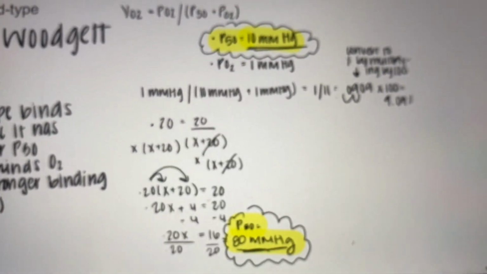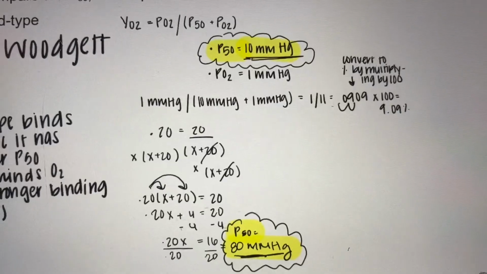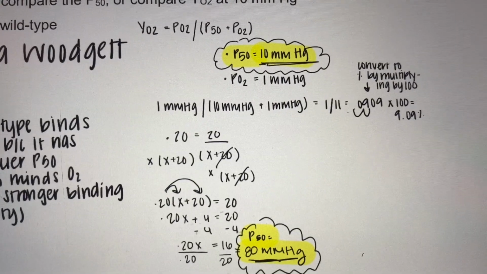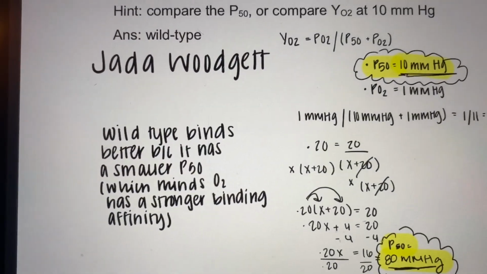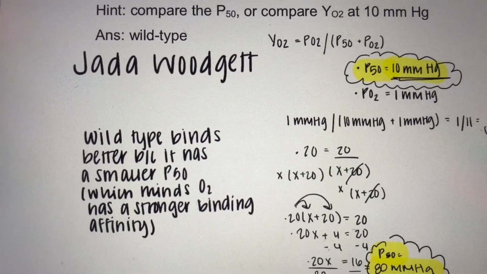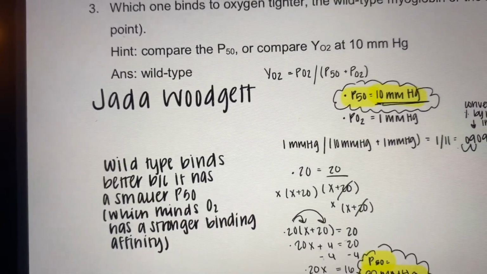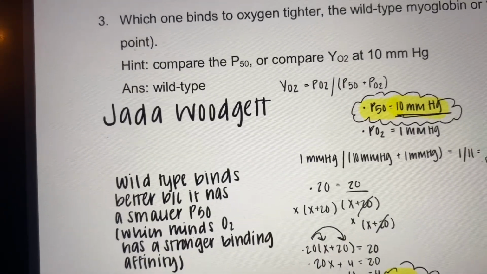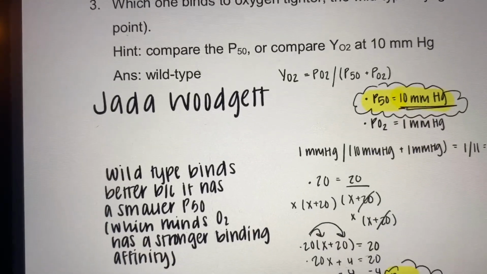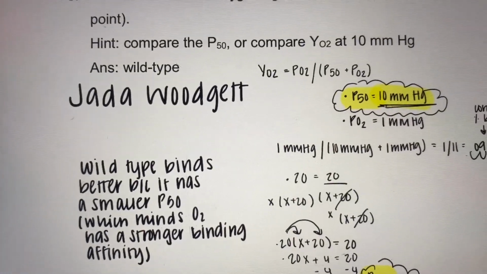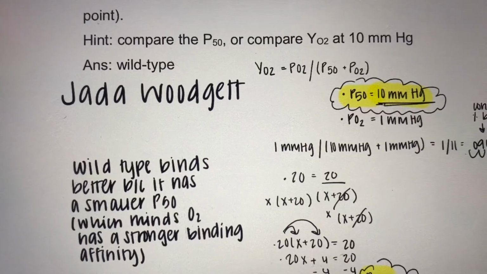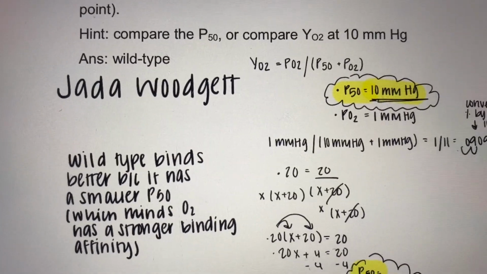And so since 10 millimeters mercury is less than 80 millimeters mercury, that means that the wild type binds better than the mutant myoglobin because it has a smaller P50. And having a smaller P50 means that oxygen can bind stronger to the myoglobin.